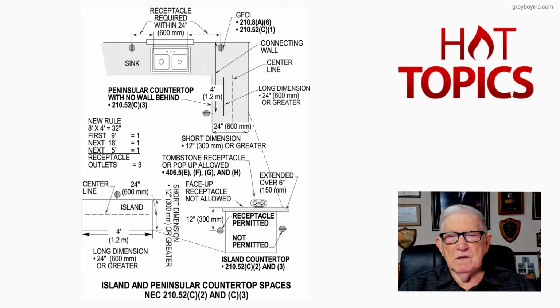we want to look at what is considered an acceptable receptacle install. Now, notice you can't have a tombstone, as you see down to the right hand side of that illustration. Tombstones are not allowed anymore.